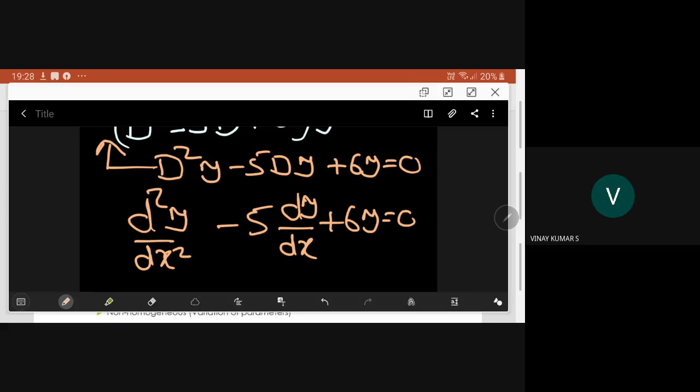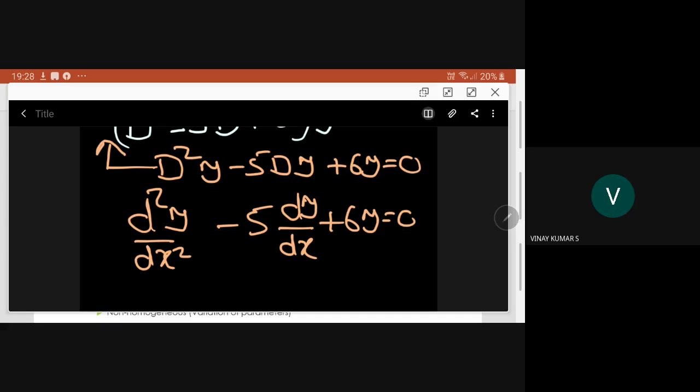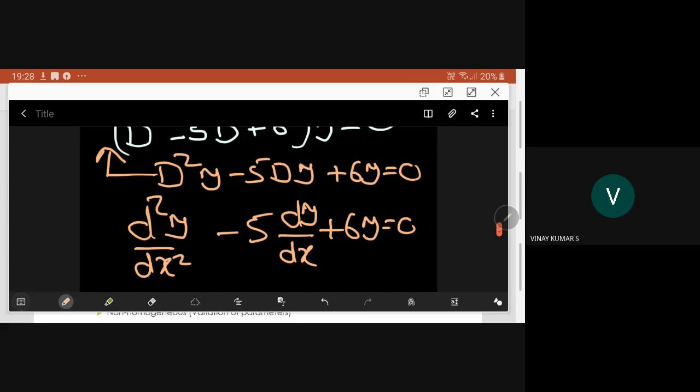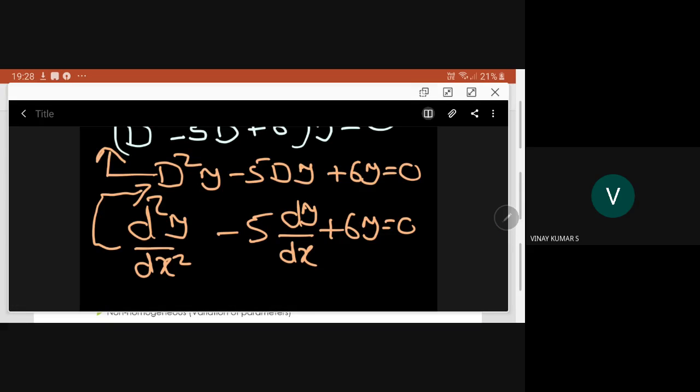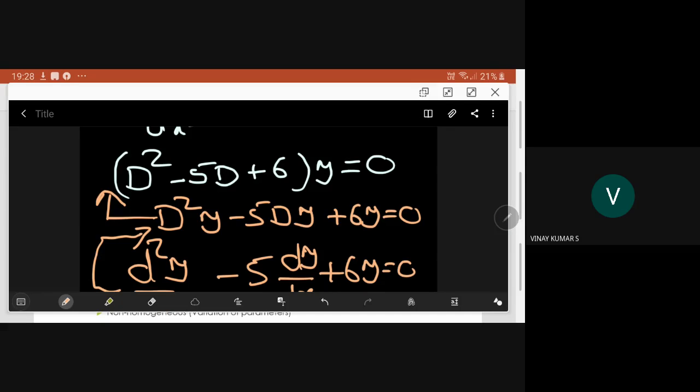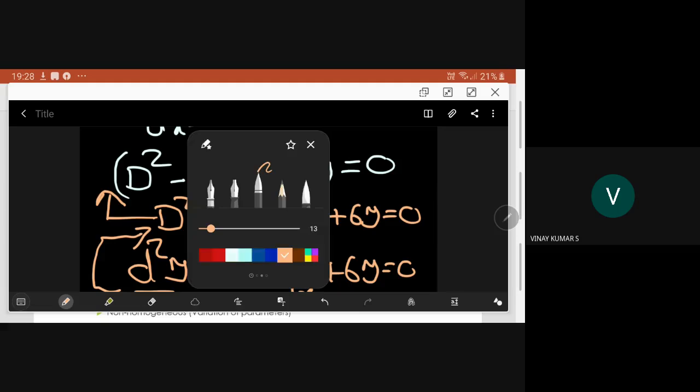So this in short can be written like this, and further the above can be written like this. And now see, this is our first example.